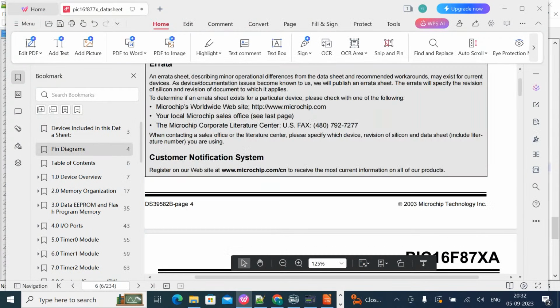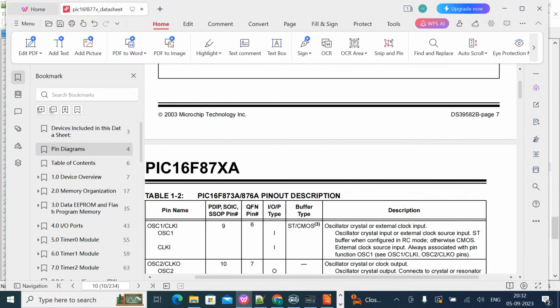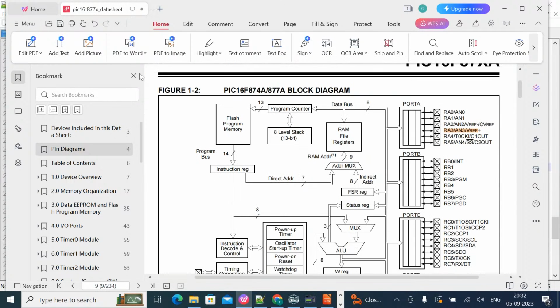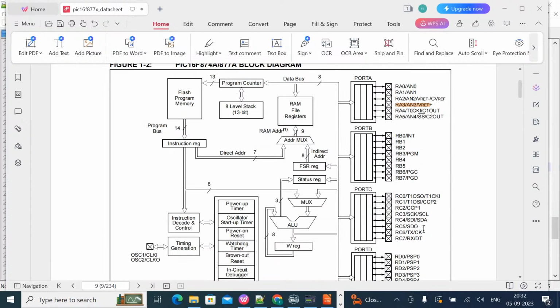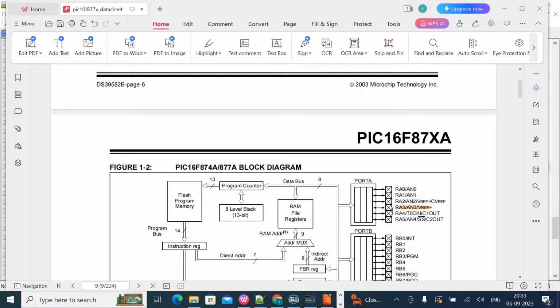Let me use a simple example, Nitin. Let's take the pin RA0.